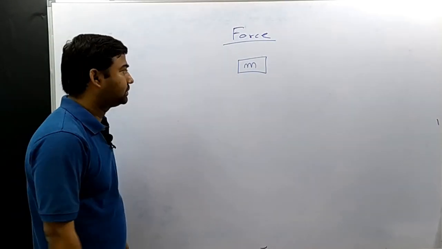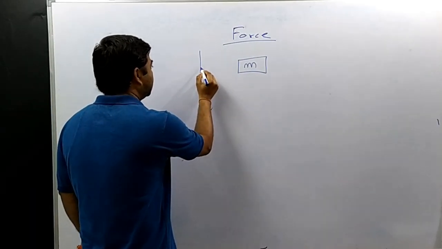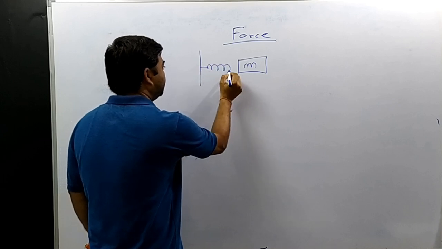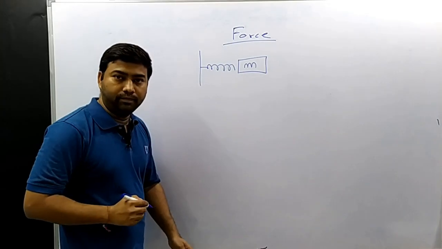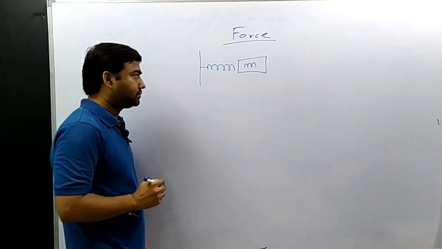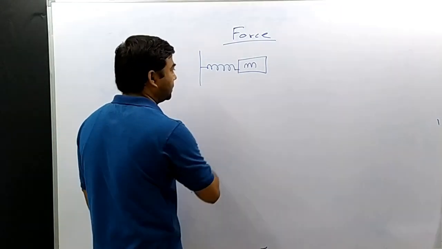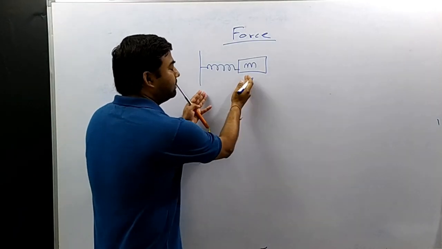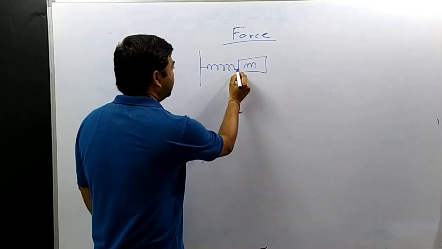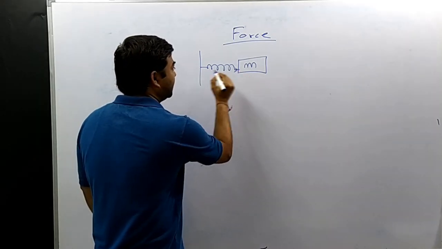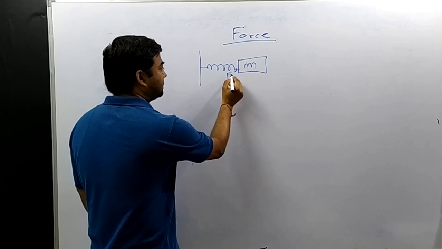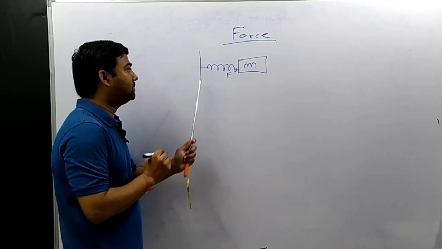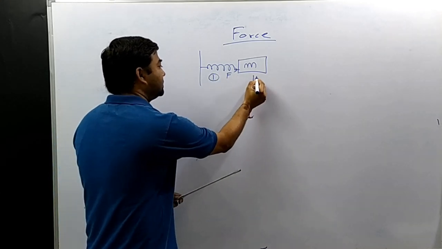This is one system. This is another system. It is a spring. Suppose it is in compression state. So this spring is exerting a force F. The spring is system number 1 and the block is system number 2.